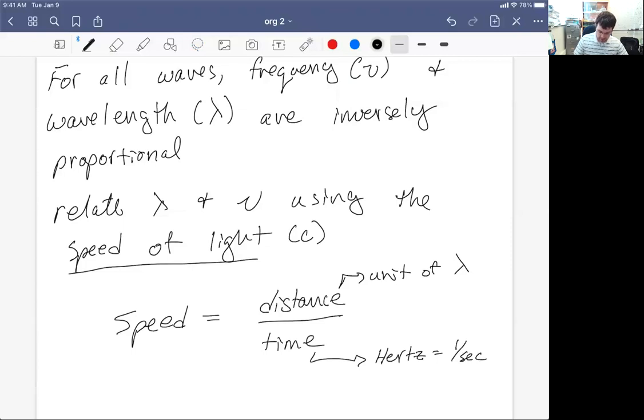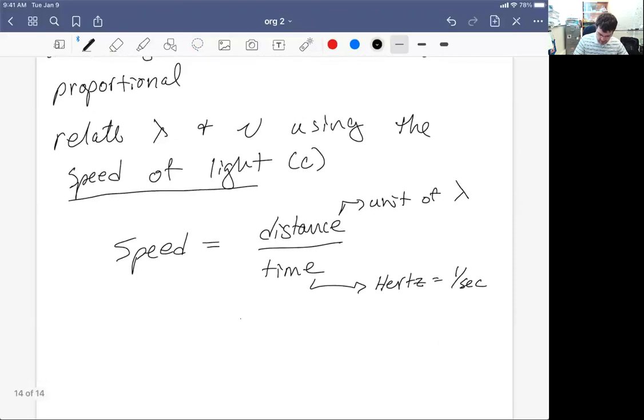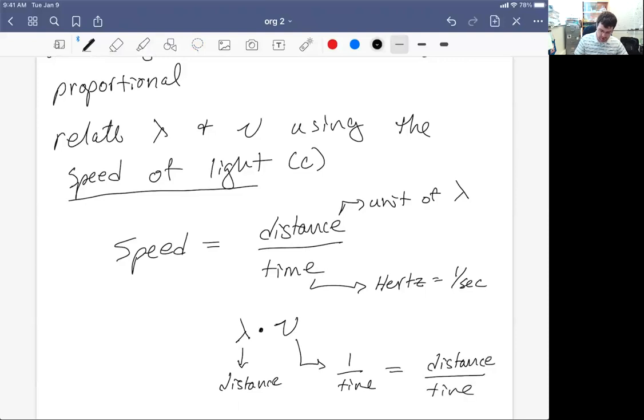So what we could do is take lambda, which is a distance, times nu. Now you might think, shouldn't we divide by nu? But recall that nu has the unit of 1 over time. So multiplying those two together gives distance times 1 over time, or distance per unit of time, which we said was a speed.